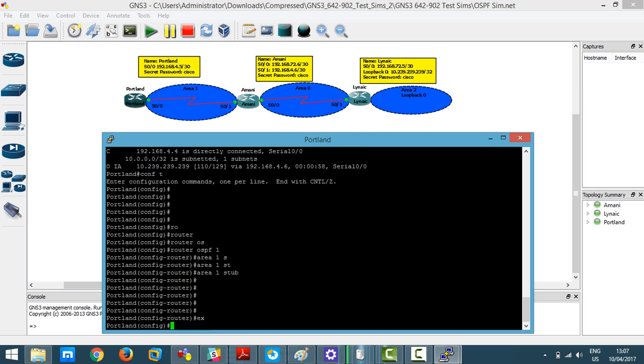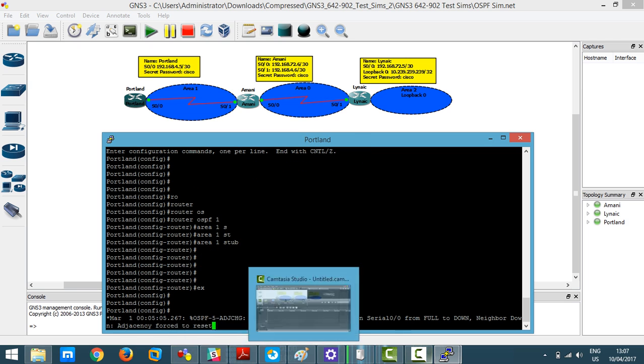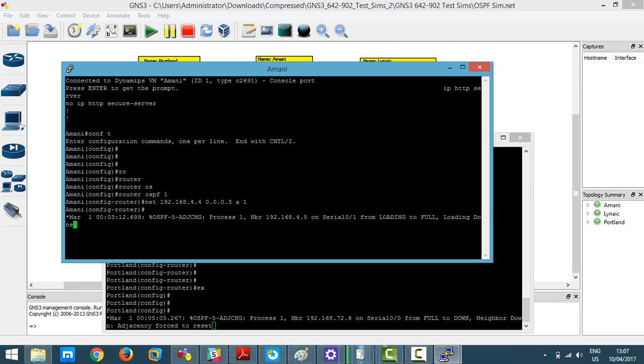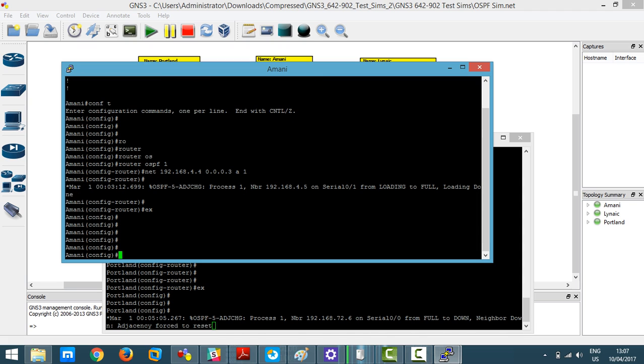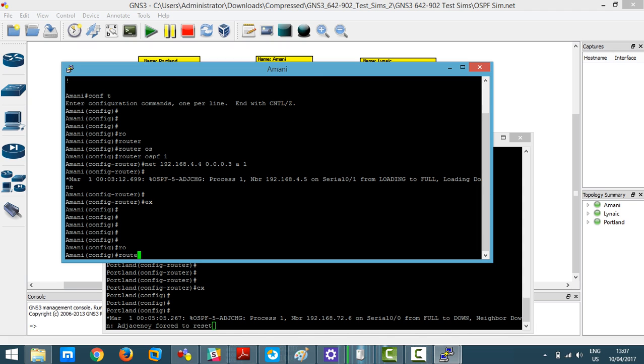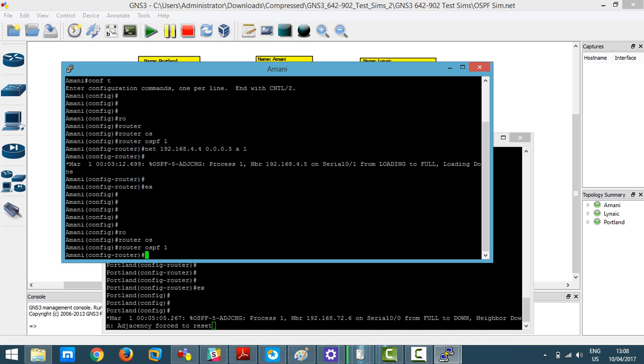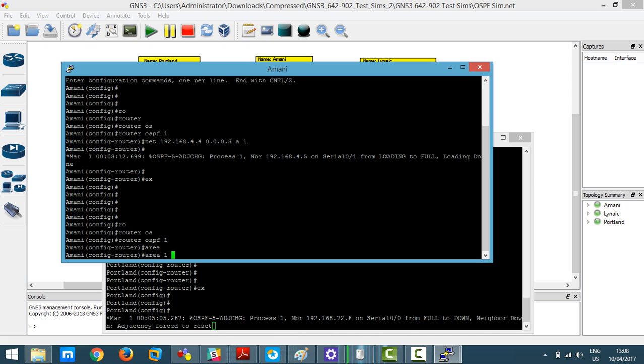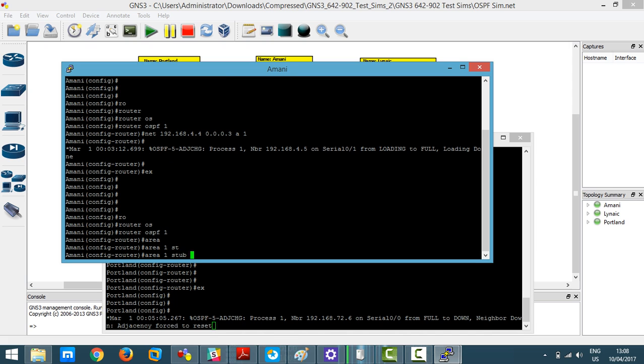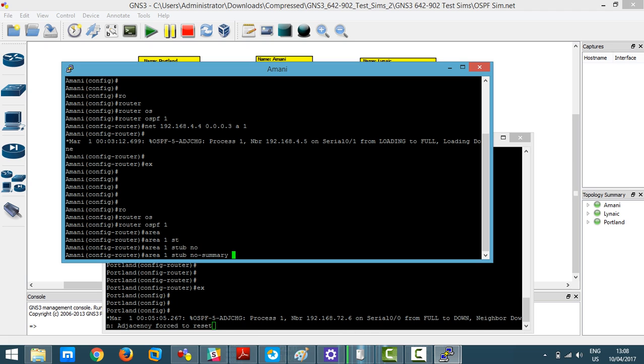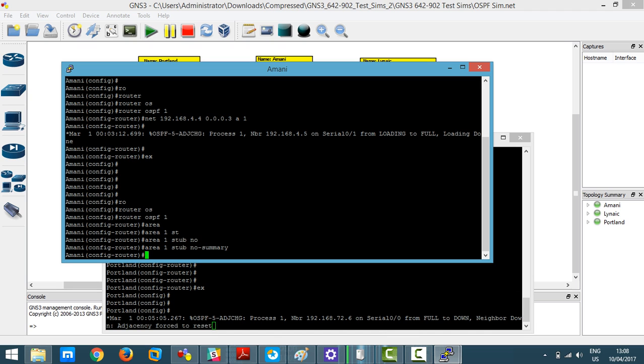Okay, this area will not receive the routes, and then I go to the Amani router and give the command here: router OSPF 1, area 1 stub no-summary, because this router must have the routes as it is the ABR. So I enter this here.